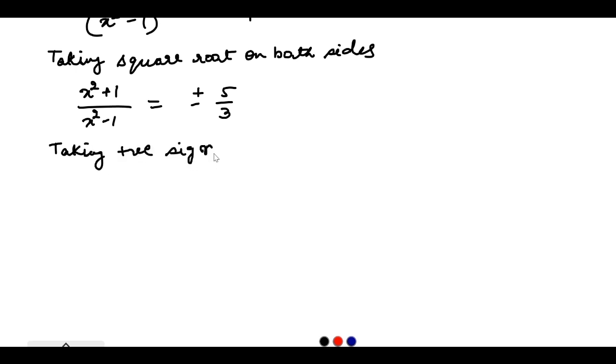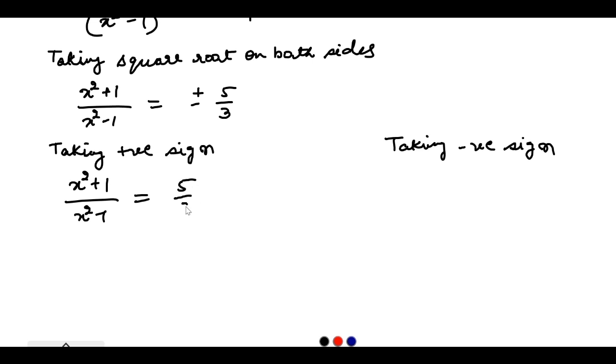Now two cases are possible, taking positive sign and taking negative sign. If we are taking positive sign, then x square plus 1 upon x square minus 1 is equal to 5 by 3. And if we are taking negative sign, then left hand side is equal to minus 5 by 3.